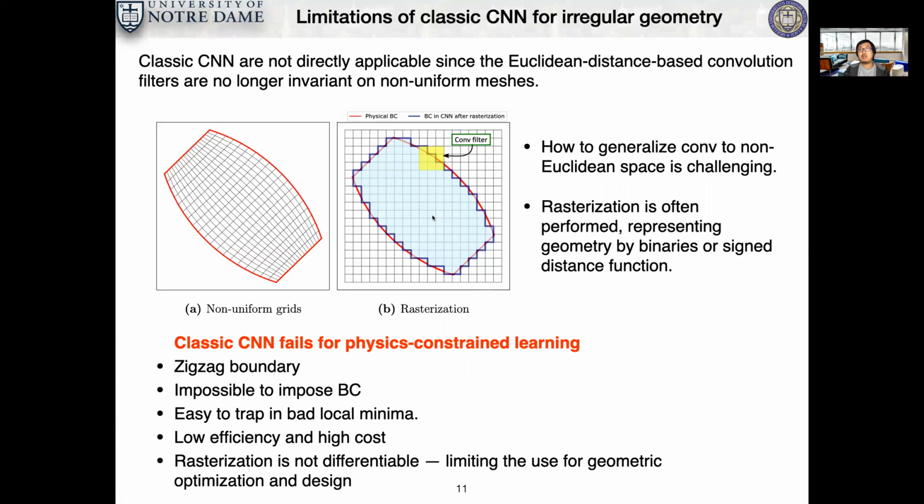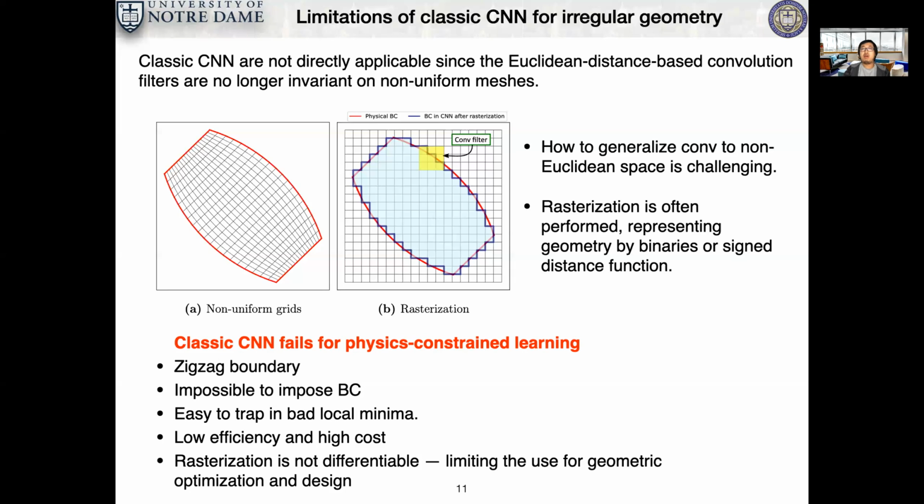And second, using these so-called binary or signed distance function representations, it's difficult or even impossible to impose PDE boundary conditions. Therefore, physics-constrained learning would fail, particularly when the label data are scarce or even absent.